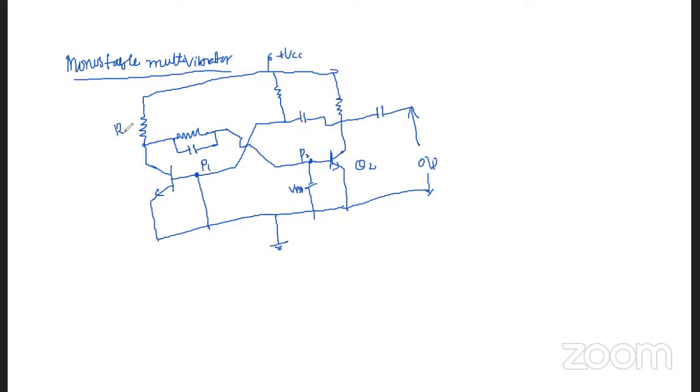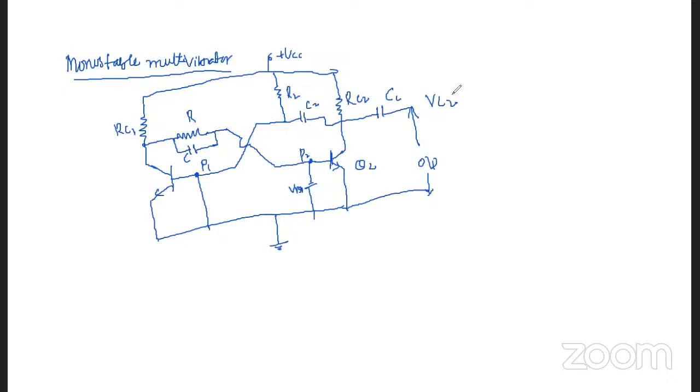This is RC1, this one is RC2, this is one resistance and capacitance, and this is another resistor and capacitor, R2 C2. This is the circuit diagram of the monostable multivibrator.